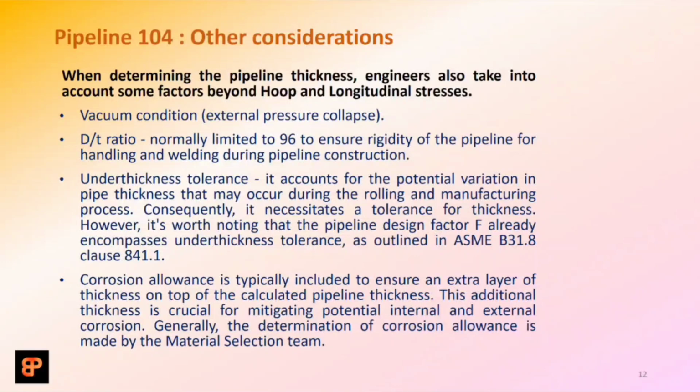So the corrosion and materials engineer will do the analysis and estimate the corrosion allowance required, for ensuring that throughout the design life the pipeline will not corrode to such an extent that it cannot withstand the design pressure requirements anymore. So this corrosion allowance is added when you calculate the thickness based on various criteria we have considered so far, and when you arrive at the final thickness you add corrosion allowance on top of it, and then you order the pipe.